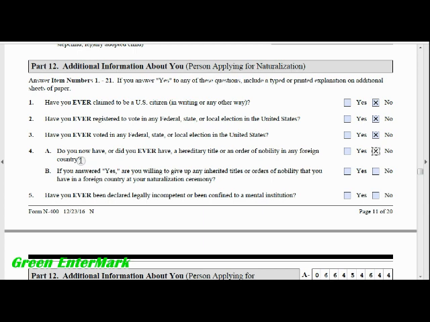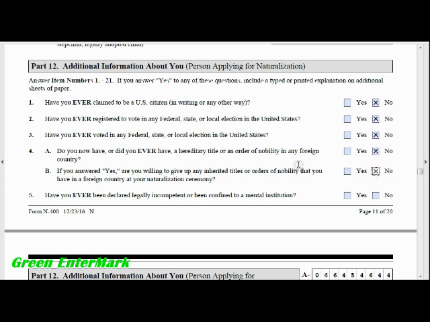In this question, they want to know whether your name includes something like Sir or any nobility or hereditary title, and whether it is your will to give it up at the ceremony of naturalization. Yes or no.